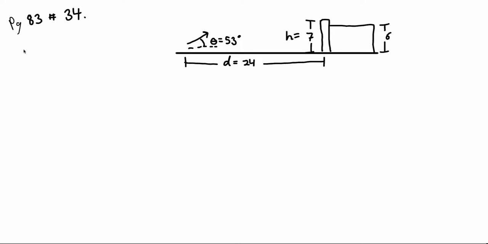So we have T is equal to 2.20, and that's seconds, and that's for over the vertical wall.